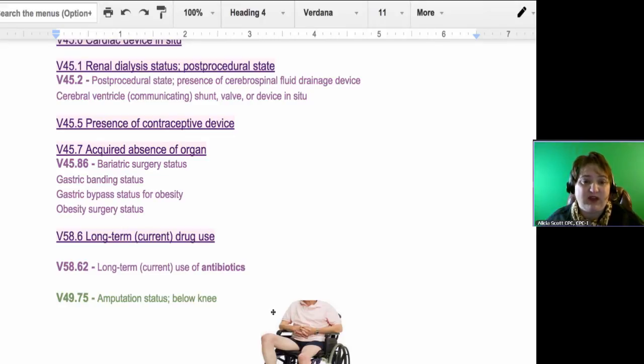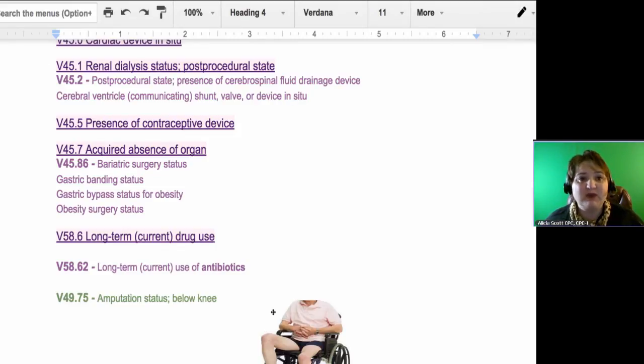You can have a finger amputation, stuff like that, that doesn't carry an HCC, but a lower limb definitely would, especially if it has something to do with a diabetic manifestation, and then they had an amputation below the knee or above the knee.